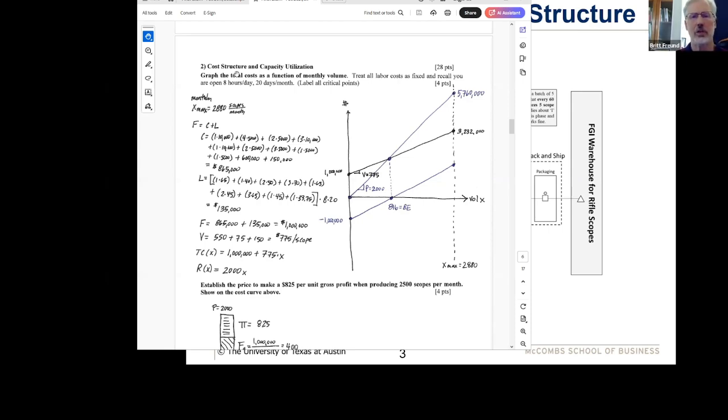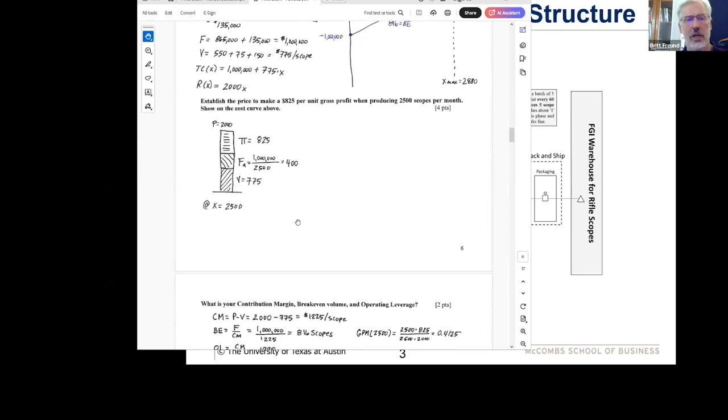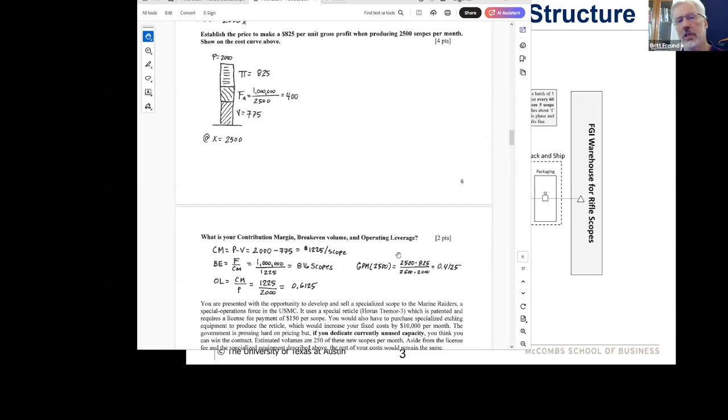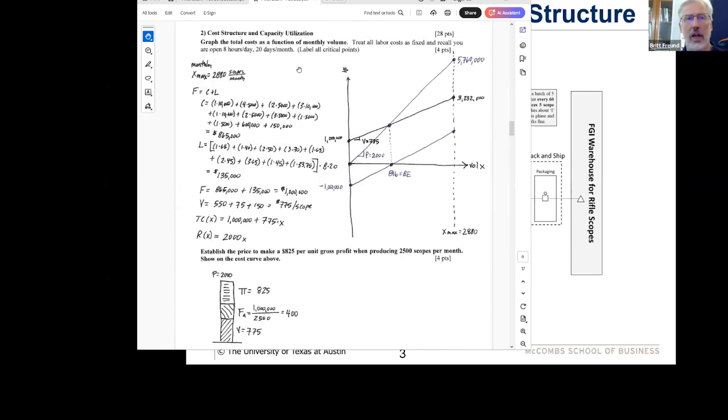All right, so let's start with the question. I've asked you to do the cost structure. The cost structure consists of coming up with the total cost and the variable cost and drawing the chart and figuring out the price and figuring out the contribution margin, break even, and operating leverage. My assumption is that for all of you, after you had a chance to try this and took a look at it, the first 3 questions are okay.